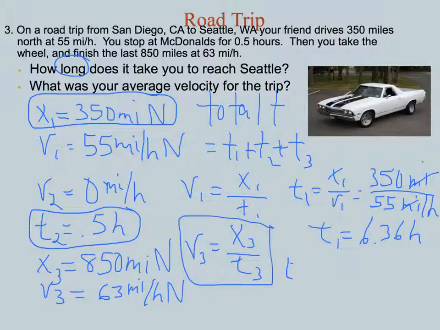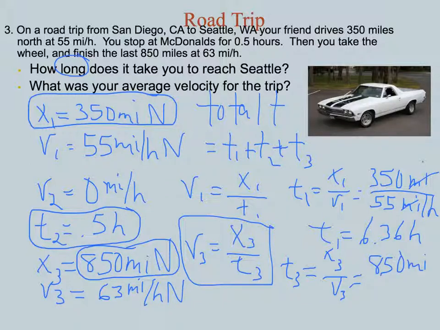So T3 equals X3 divided by V3. What was X3? X3 was 850 miles. And V3 was 63.